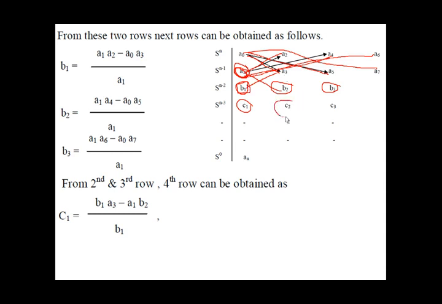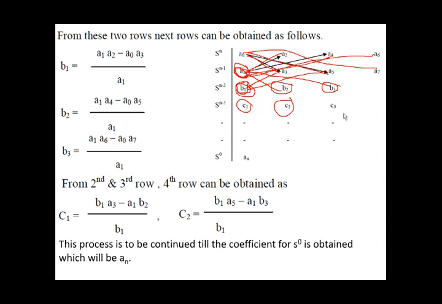Similarly, how will you get c2? c2 can be obtained from b1 into a5 minus a1 into b3 divided by b1. So this is how we can get c2. And c3 is also obtained from b1 into a7 minus a1 into, there is no coefficient.